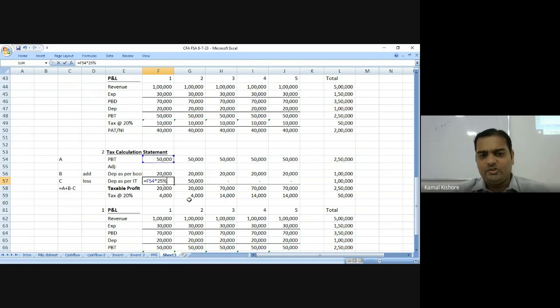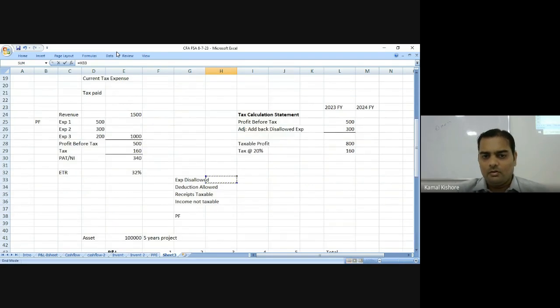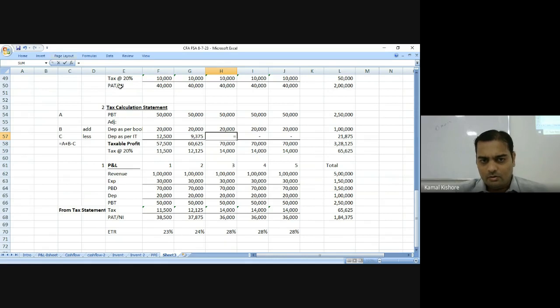So into 25%, first year, second year will be... Third year will be... Fourth year will be... So income tax is generally on WDV method.